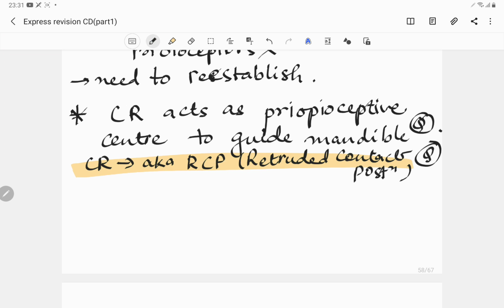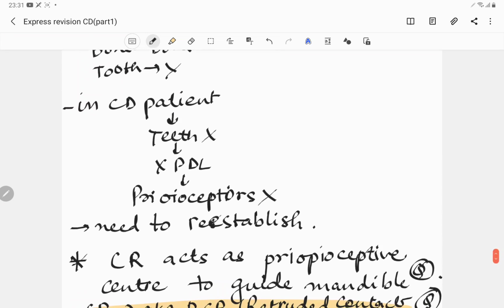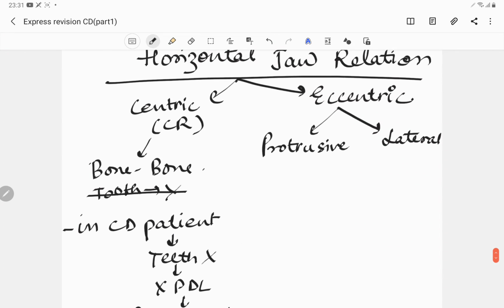Now, it is the most unstrained, most retruded, anatomical, functional position of the condyle in the glenoid fossa, which is independent of tooth contact.